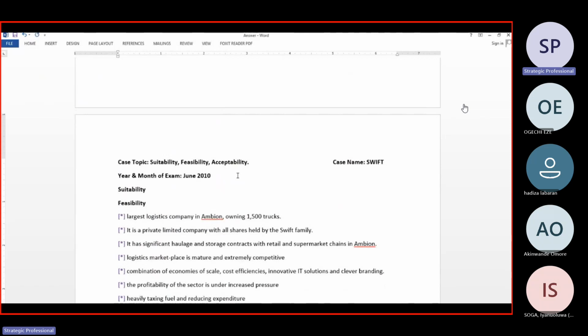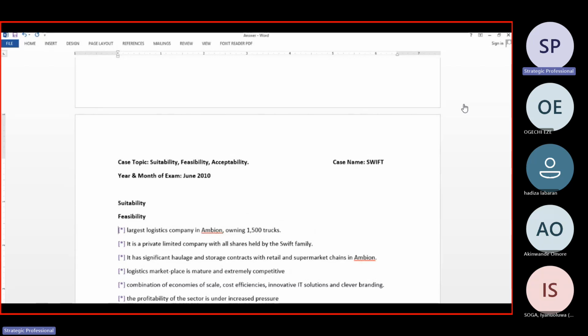So we'll get started. This company Swift is one of the largest companies and owns 1,500 trucks. Okay, so we have to find out whether it's suitable. So we'll just see the common information between the companies. Okay, so it is the largest company, it is a privately owned company, it's the biggest logistics management company.